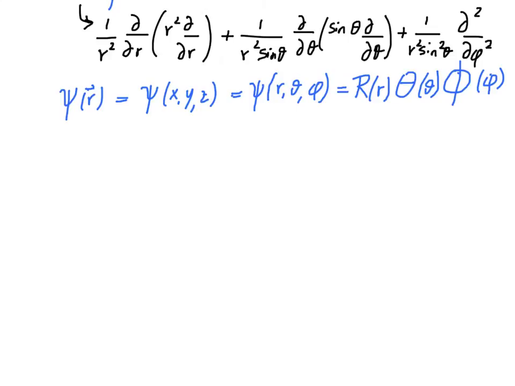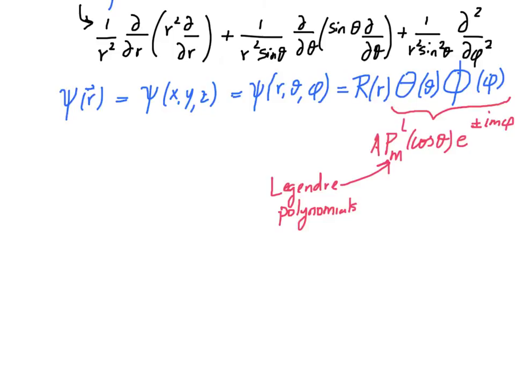Now I'm going to give you a glimpse of the solution, right? I'm going to write down what kind of results you would get for the capital R, capital Theta, and capital Phi functions. First, the angular part, the theta and the phi dependence. It turns out that the theta and the phi dependence of the wave function can be written in terms of Legendre polynomials.